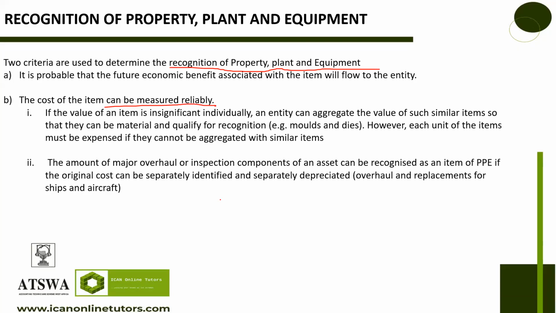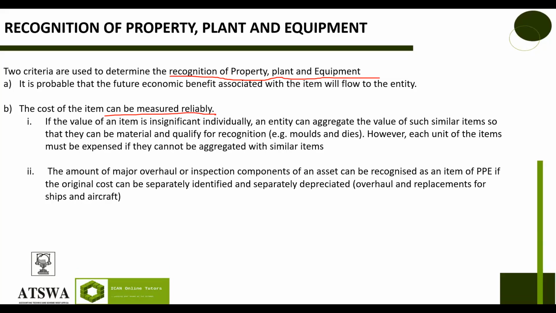So I'm trying to think of an example that I can use, because an example will really bring it home. Let's say, for example, it won't really classify as a non-current asset. It should really go as an expense.